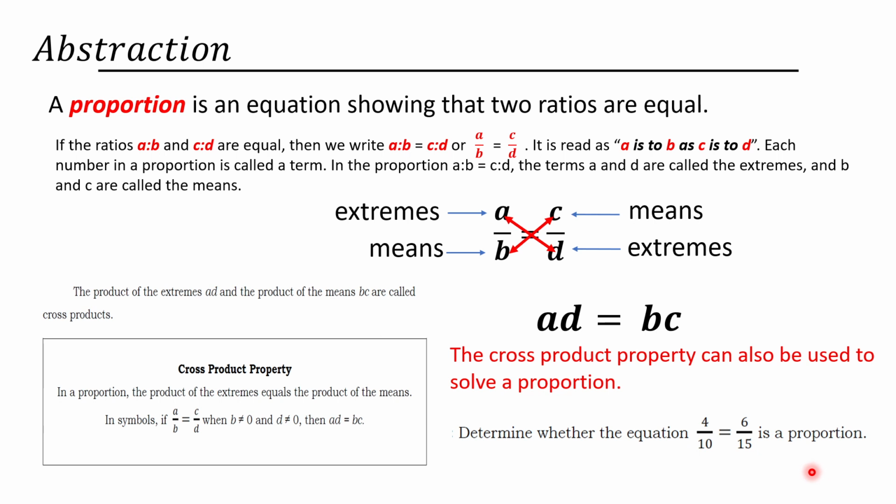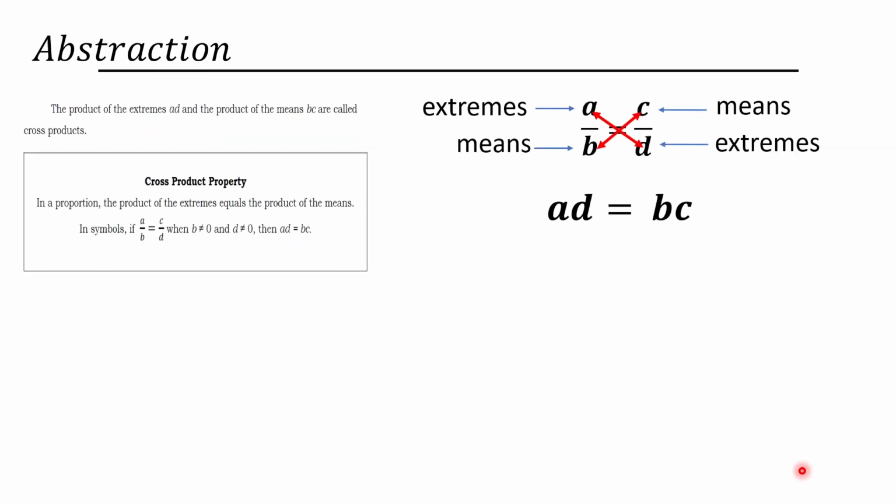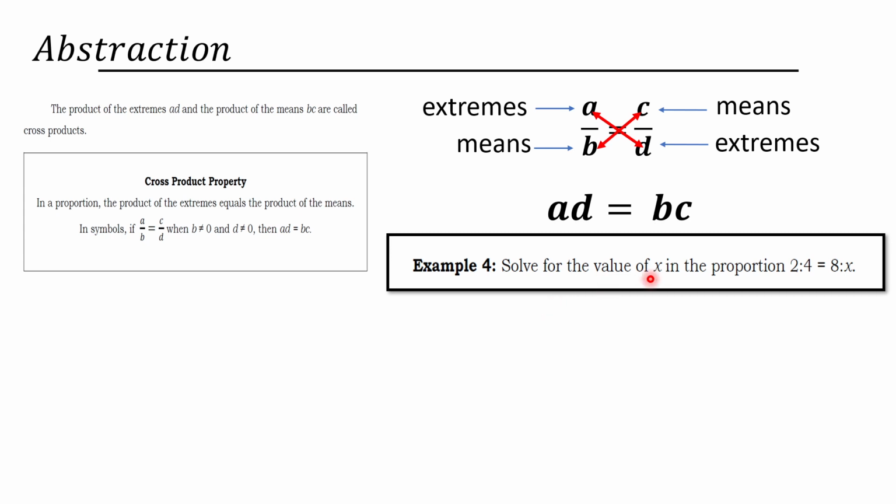Okay, next. Let's have an example problem. Solve for the value of x in the proportion 2 is to 4 and 8 is to x. First, we write this into a proportion in fraction form. The fraction form of 2 is to 4 is equal to the fraction form of 8 is to x.